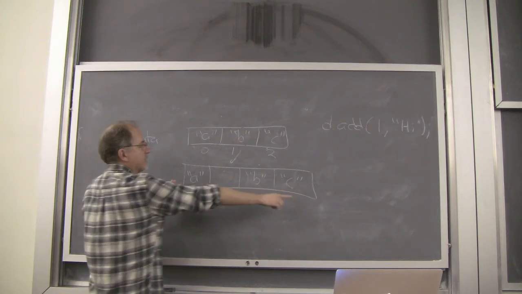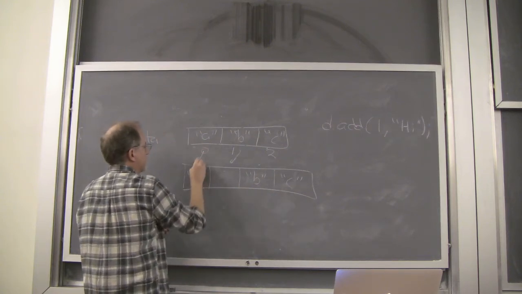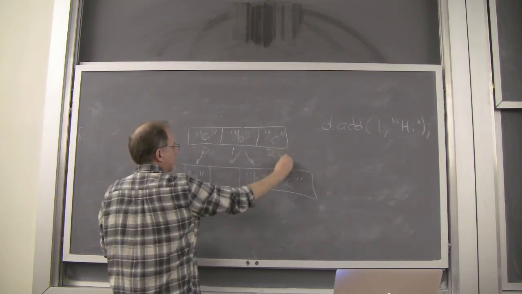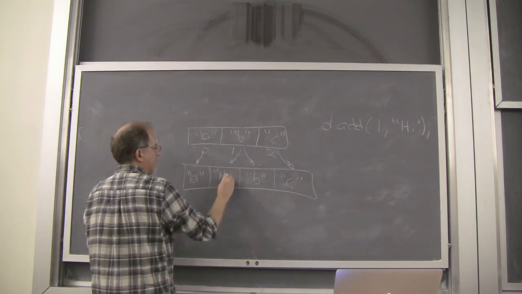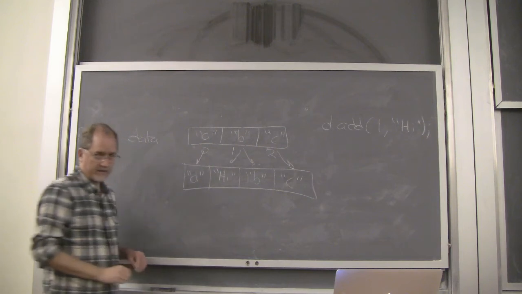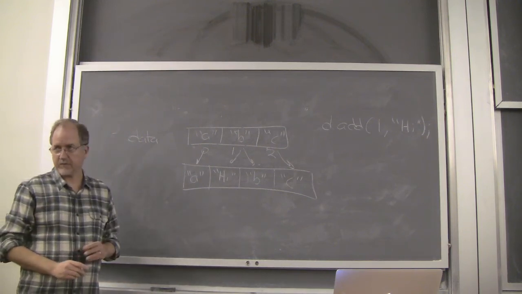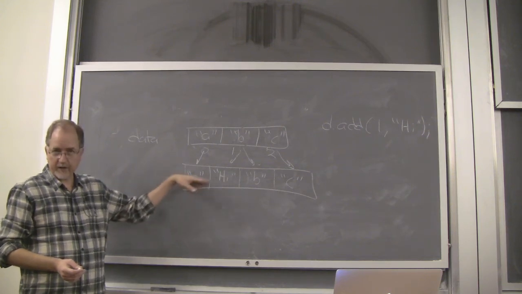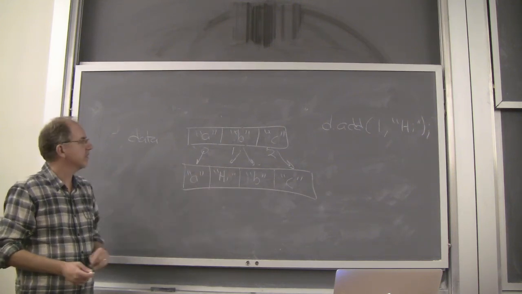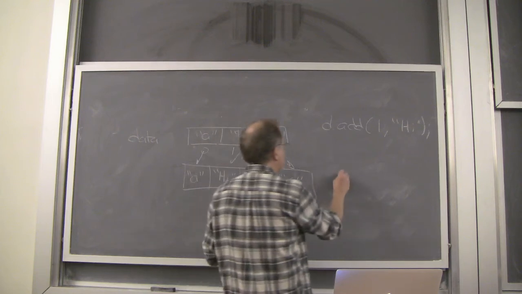So I added 1 to the length, and then I copied this one here, and this one here, and then I want to actually insert my new string "hi" in the middle there, right? So that's what it means to grow your array. We're going to make a new, bigger array, copy all the values, shove them over where they need to go, and we're good.